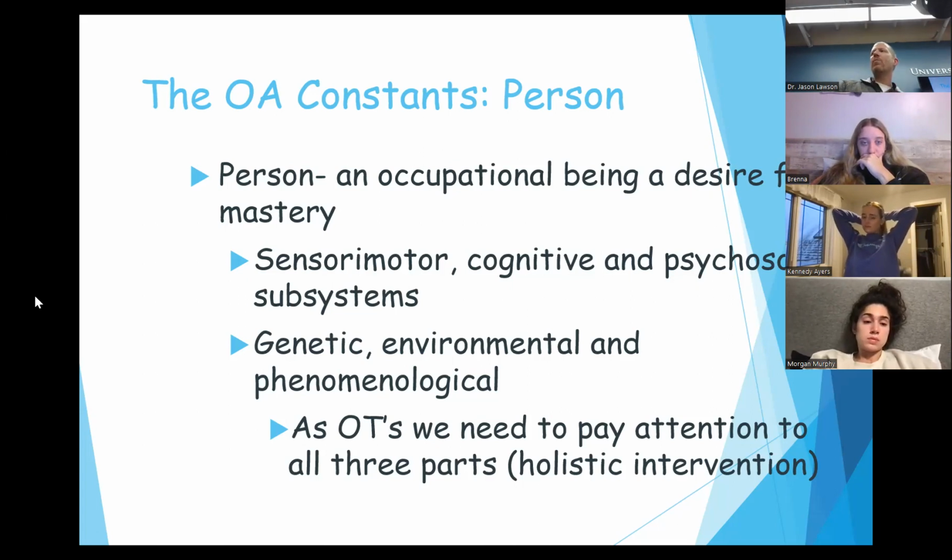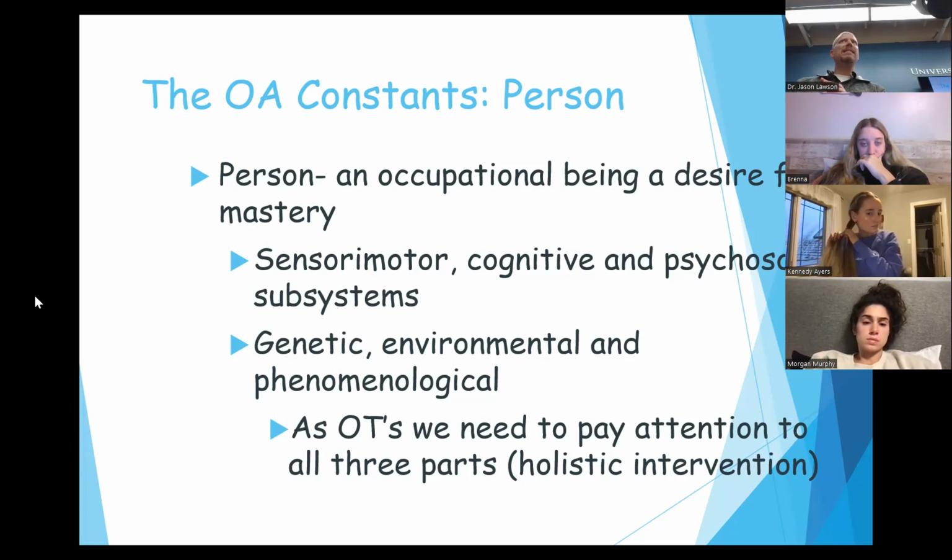And so a phenomenological event could be something like a major storm, okay, or a catastrophe, or something that comes up unexpectedly. Okay, and so we think about, okay, how does a person adapt? This is occupational adaptation. So if we had a hurricane in North Dakota, how would we respond?